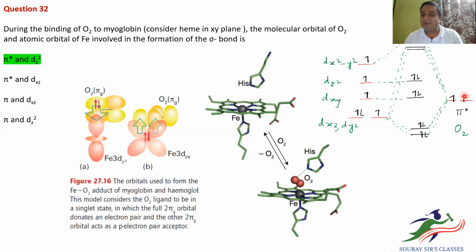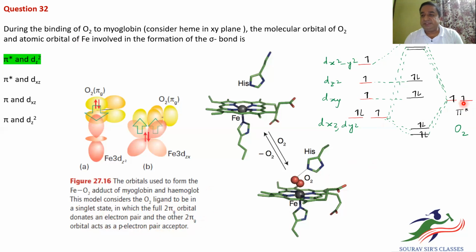So from a triplet it becomes a singlet. That is why it is mentioned over here: the model considers the O2 ligand to be in a singlet state, in which the full 2 pi g orbital donates an electron pair, and the other 2 pi g orbital acts as a pi electron pair acceptor.